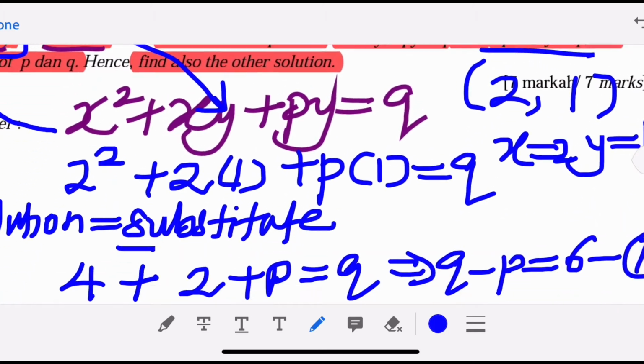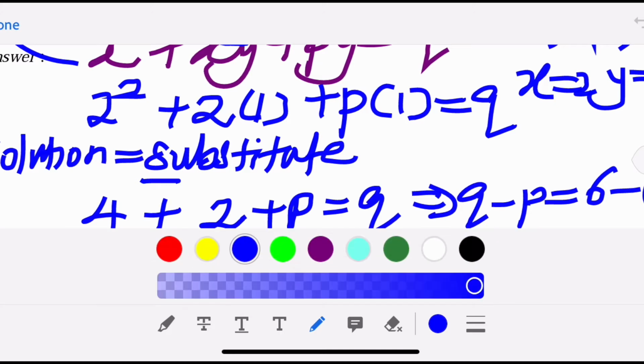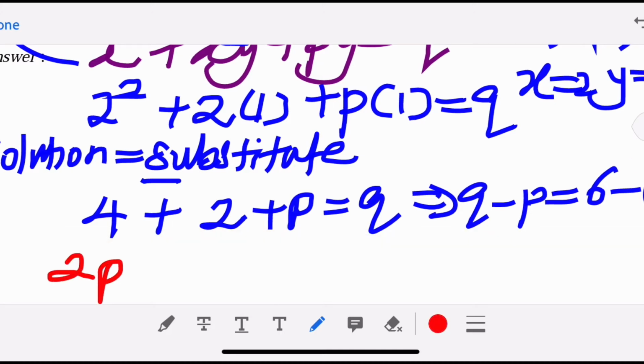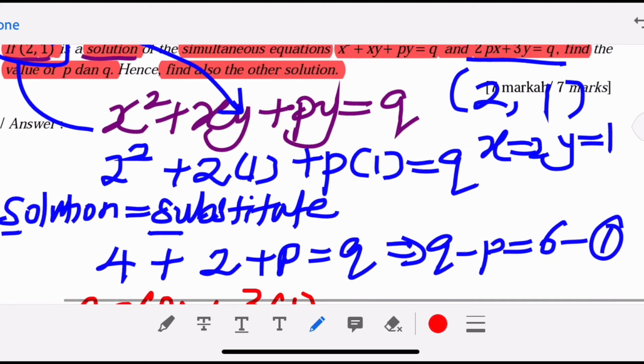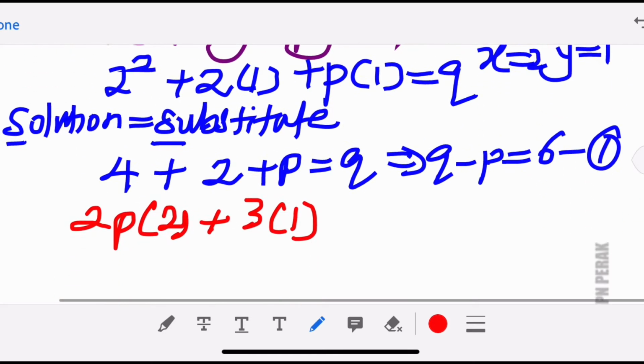2px plus 3y equal to q. Let's substitute. 2px, when we see x, we will substitute 2, plus 3y. When we see y, we substitute 1. And then here, equal to q.